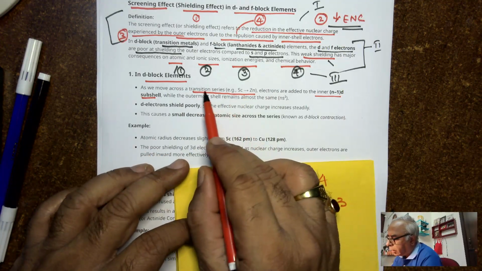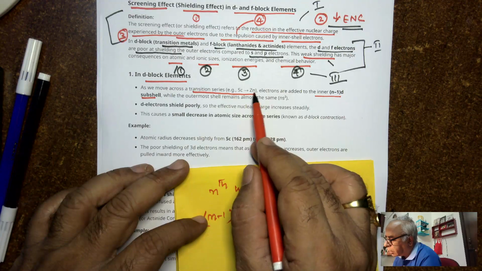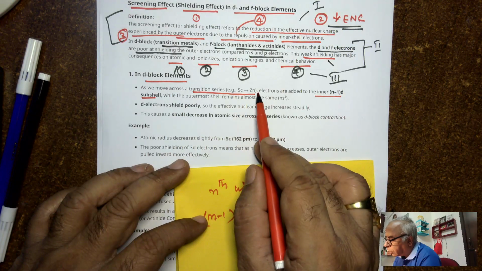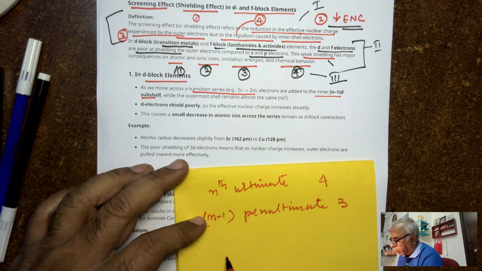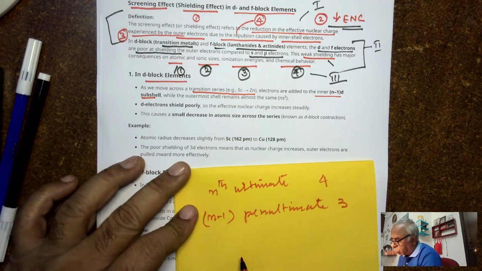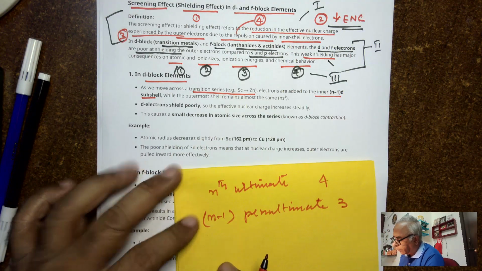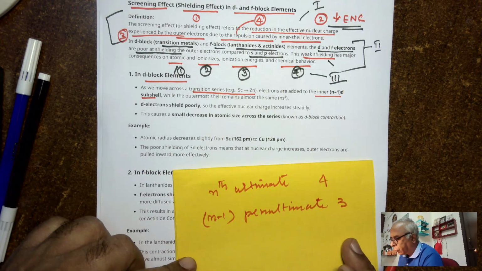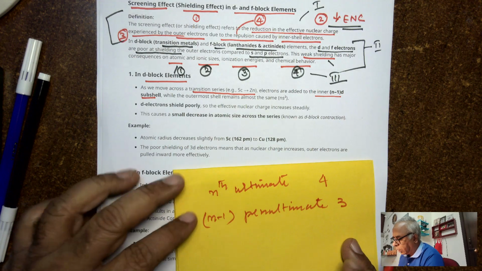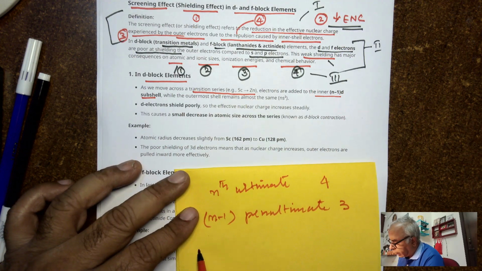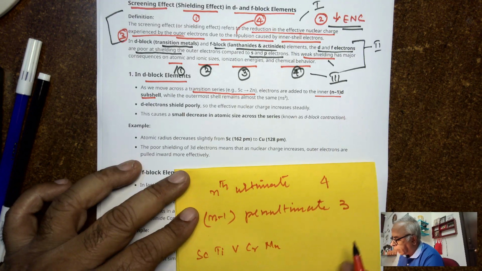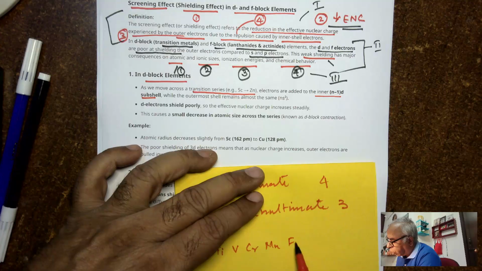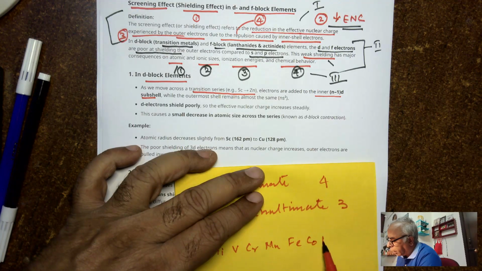And here it is given as transition series from scandium to zinc. In fact, I suggest my students memorize at least the first row of D block elements, like "Scatti Vikraman and Feconi cousin."